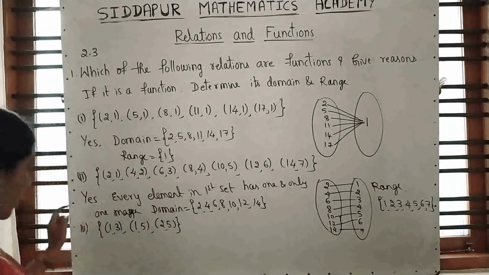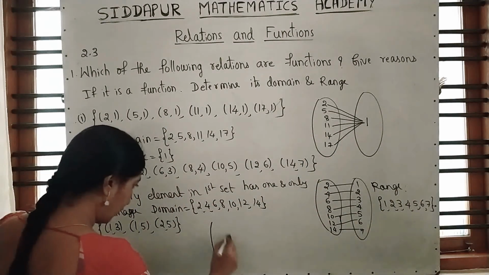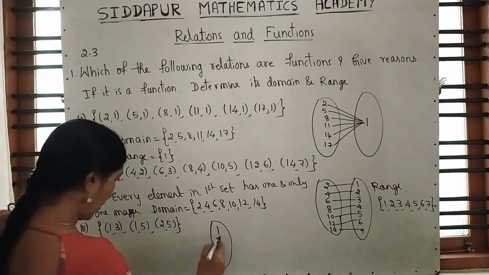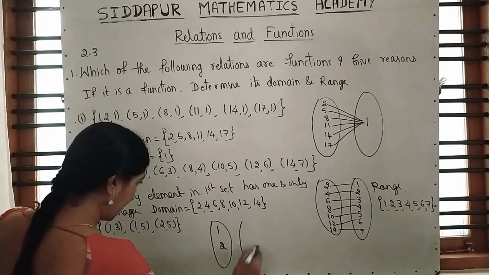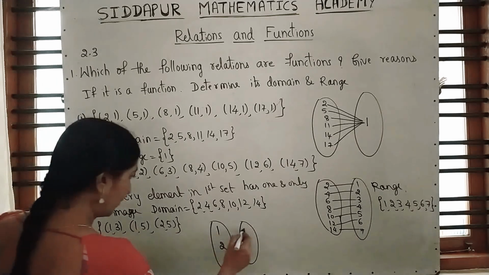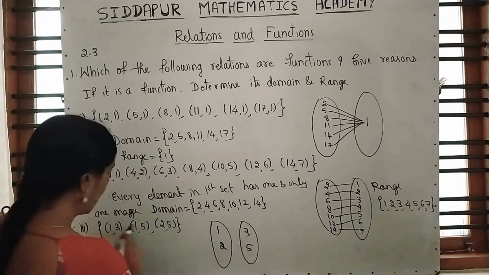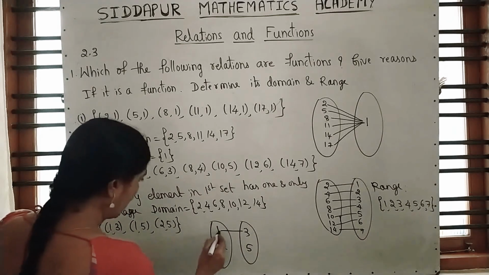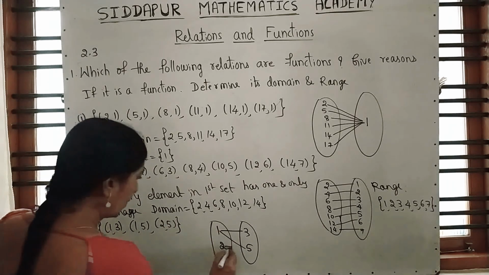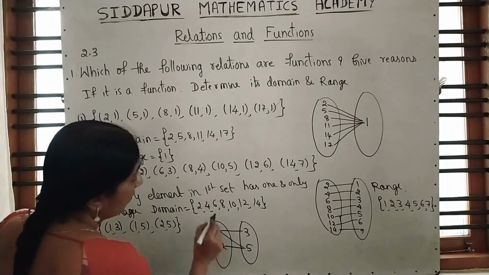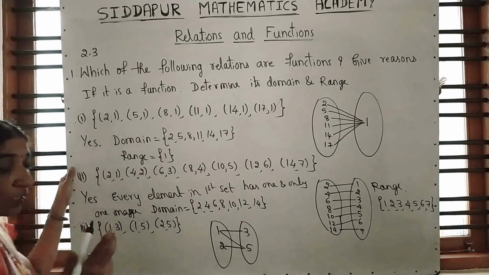Then the third one. Again here I will draw the figure. The first element is 1, 2 because 1 is repeated. Second is 3, 5. 1 is related with 3 and 1 is related with 5 also. 2 is related with 5. Here 1 is related with two numbers.